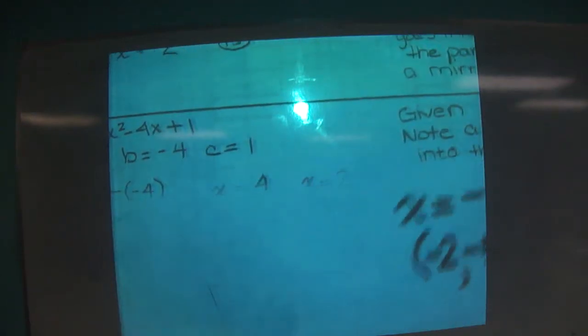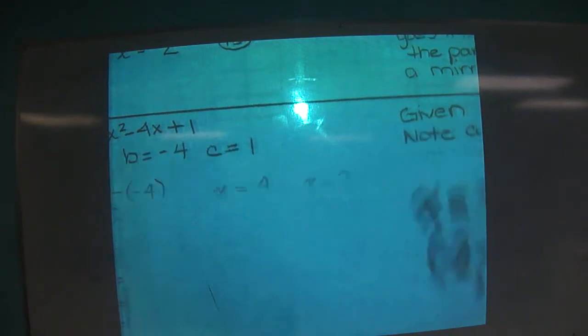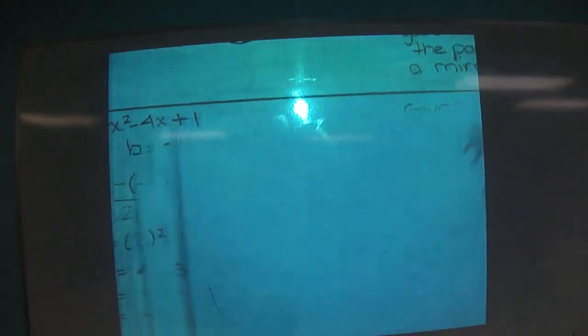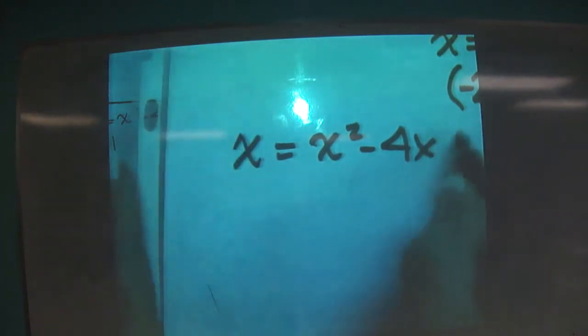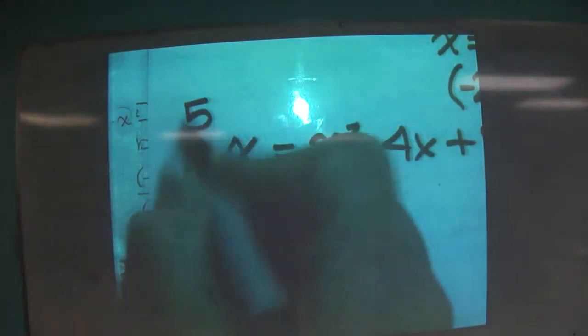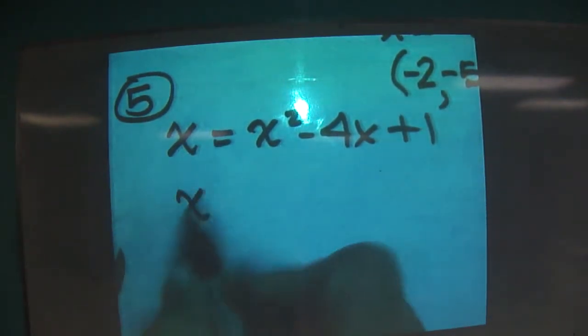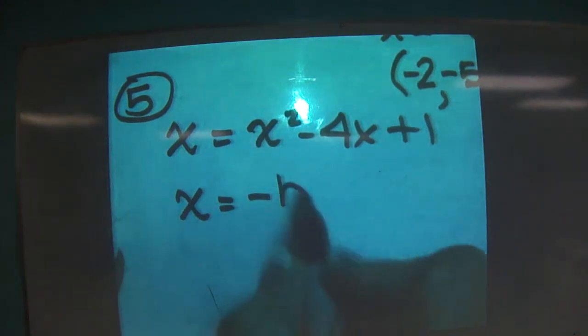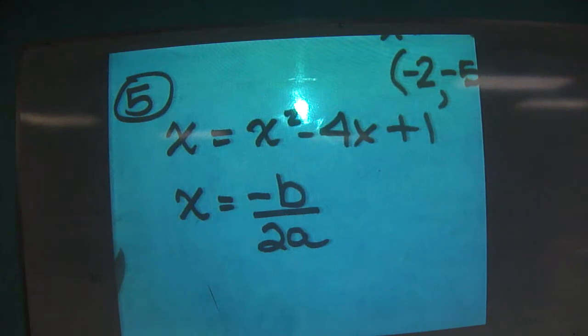To find the axis of symmetry, here's the equation we were given: y equals x squared minus 4x plus 1. This is number 5. The equation on the previous page said x equals -b over 2a will give us the axis of symmetry.